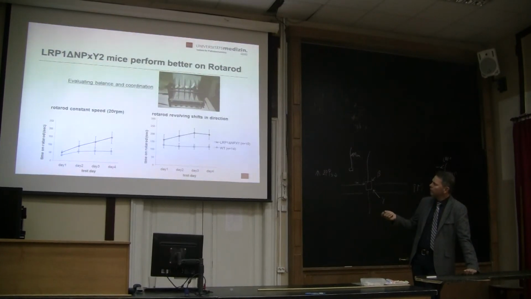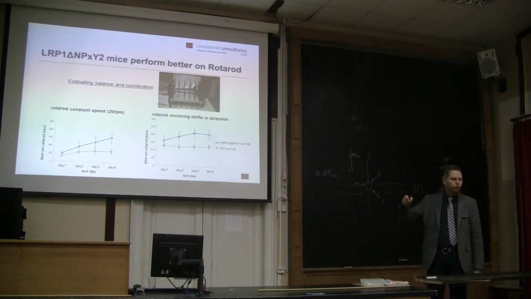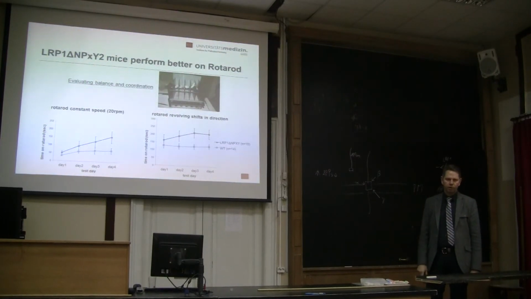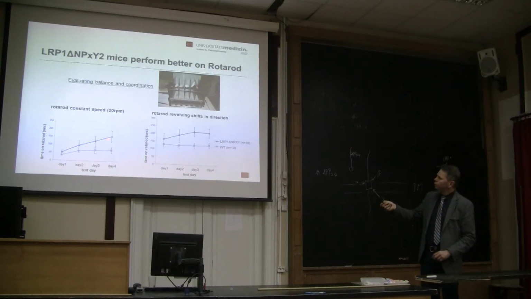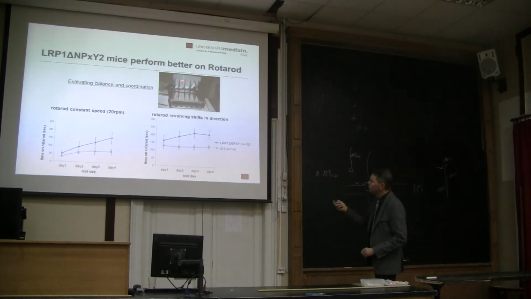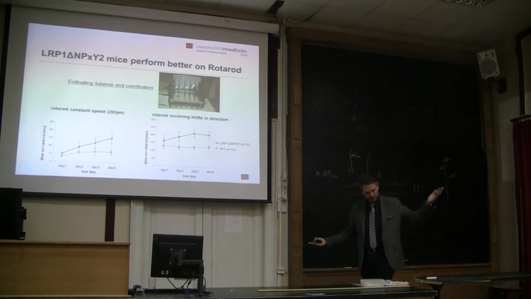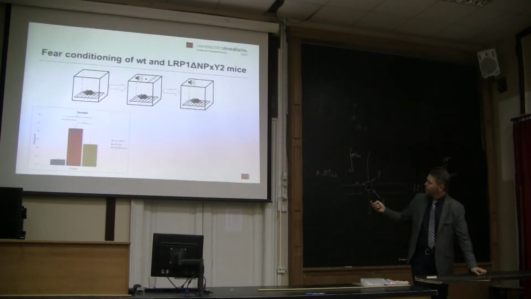So when you have a knock-in in LRP, and you put a mouse on a rotating wheel, usually mice fall off after some point in time. You can measure that, so you measure locomotion activity through this, right? The LRP2 mice are pretty good. They stay pretty long on these wheels, and I have no explanation for that.